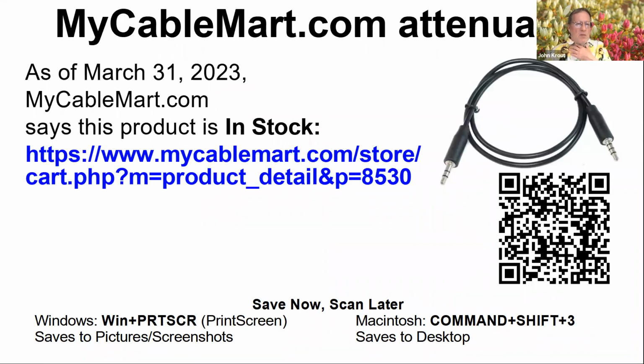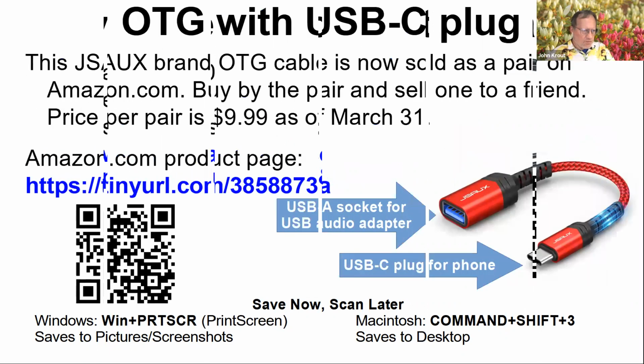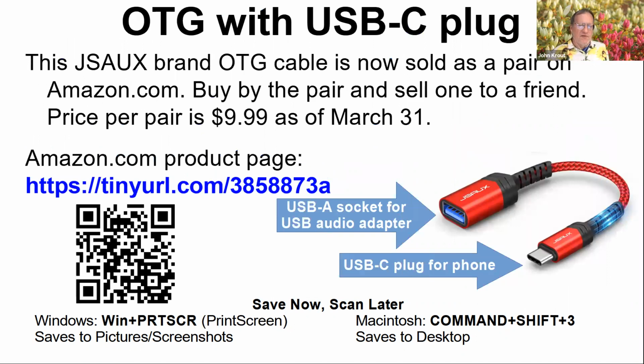Here's the CableMart.com attenuator cable. Slightly different version of the product page this time, but you can also scan the QR code to get there. Save this page too if you wish. Here's the first of the 3 OTG cables. This is the one that has a USB-C plug on it for recent Android phones. Incidentally, a little hint of things to come.